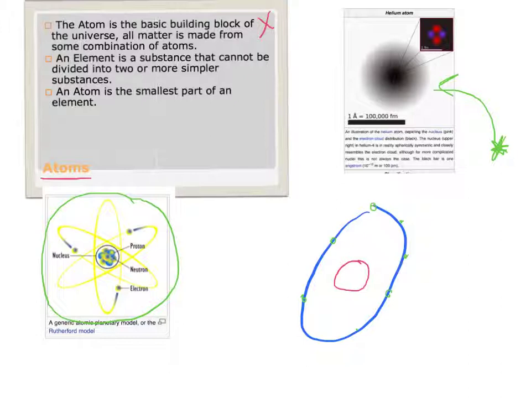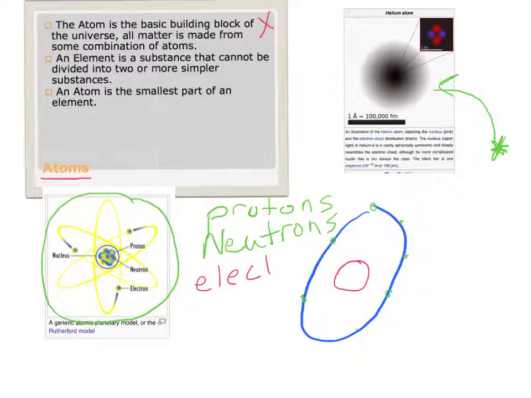Here in the center we have these items called protons, and we have neutrons. Those are at the center of the atom, and then of course the things we're really interested in are the electrons, and those are what move around the outside of the nucleus.